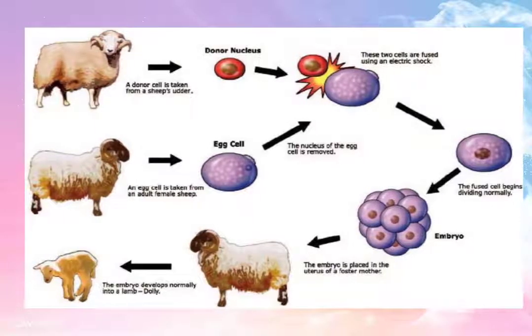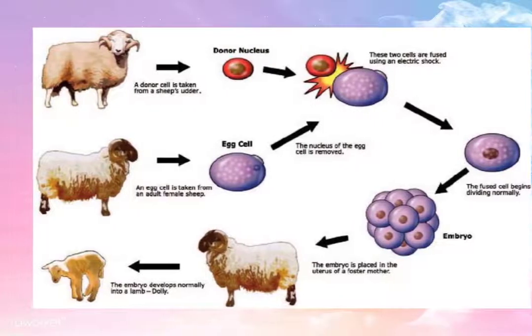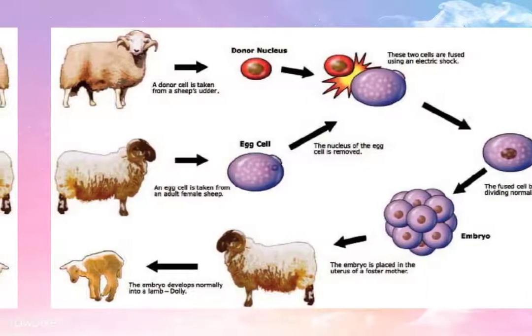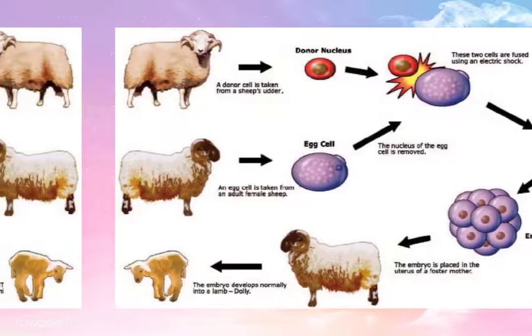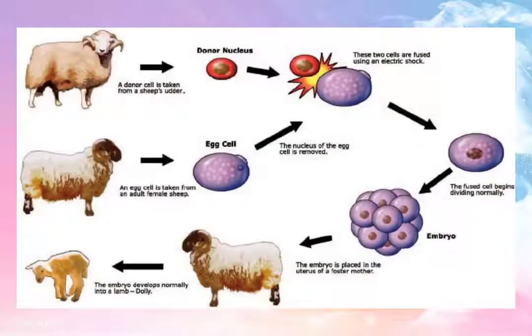After that, once the somatic nucleus is inside the egg, it is stimulated with a mild electrical current and will start dividing. A cloned embryo, which is an embryo that is an identical twin of the original organism, is created and the cloned embryo is transferred to the uterus of a surrogate mother, and the embryo will develop into a normal lamb, which is Dolly.